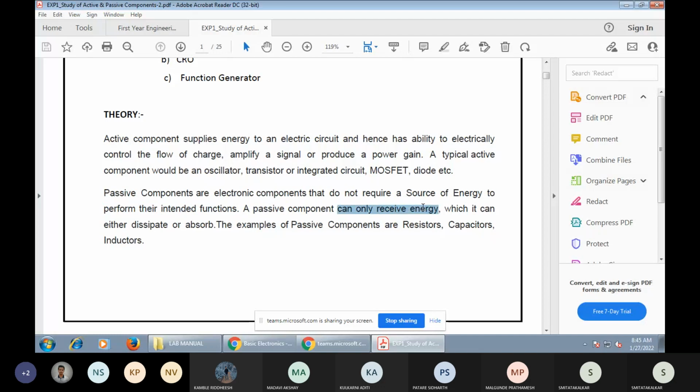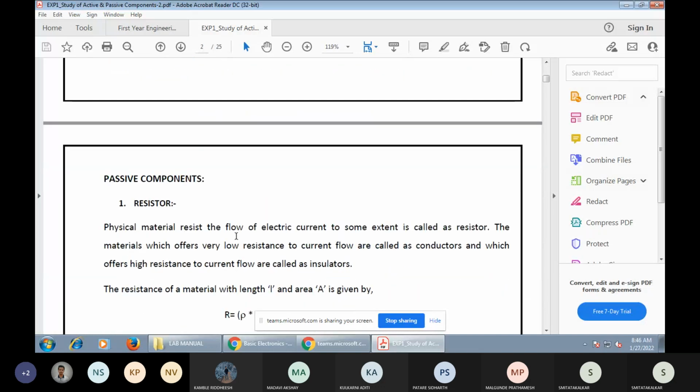It can also receive energy, which it dissipates or absorbs, for example a resistor. A resistor receives energy through the current, and we use it for limiting or controlling the current. Then capacitor and inductor are also passive components.